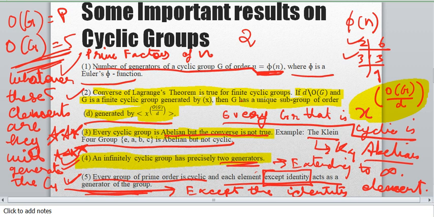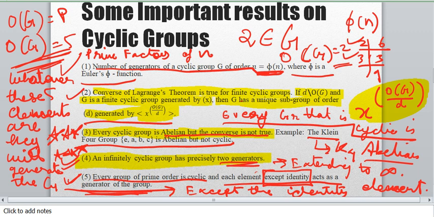So if suppose there are 2 elements in the group G, then the order of the group G will be 2, of course. That means it's prime. Hence those 2 elements will generate the group.